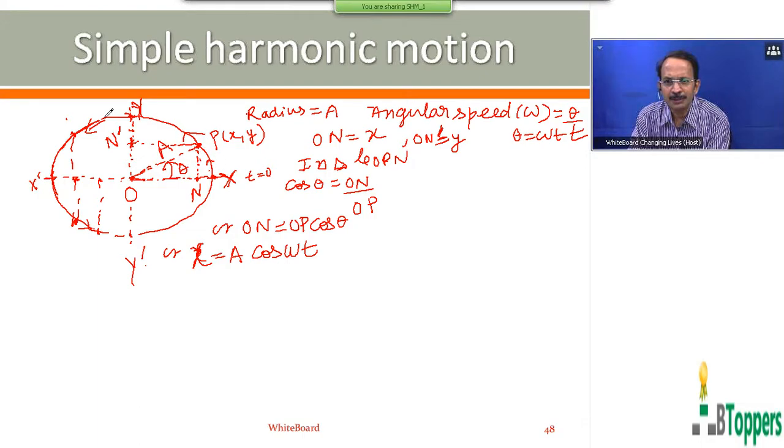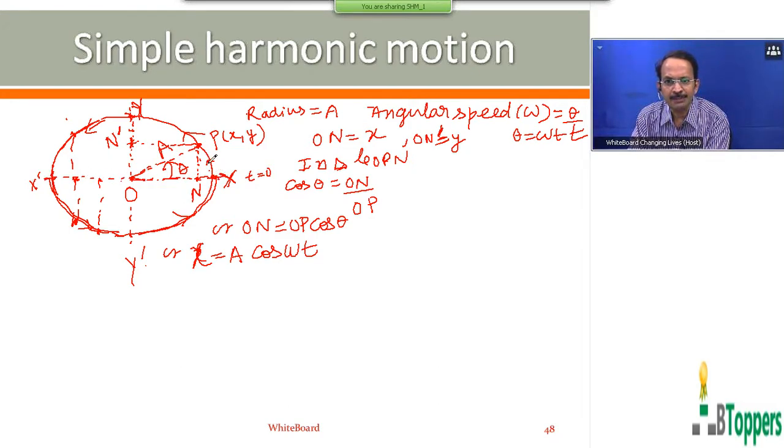When the particle moves in the anticlockwise direction from X dash to X along the semicircular path with uniform angular speed, the projection moves along the diameter from X dash to X. That means when the particle performing uniform circular motion completes one revolution, the projection of the particle on one of the diameters, say X dash OX, completes one oscillation. That means the point N moves from the end X of the diameter to the other end X dash, then again comes back to the same end X.